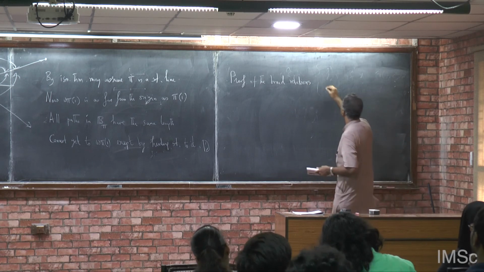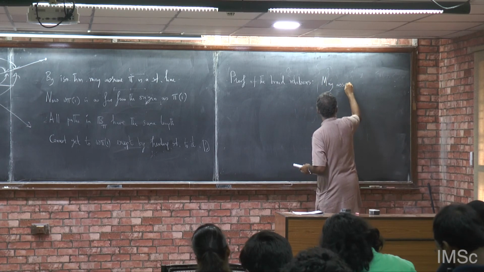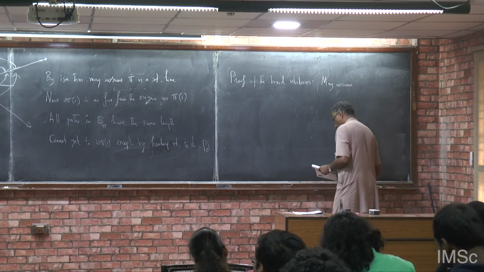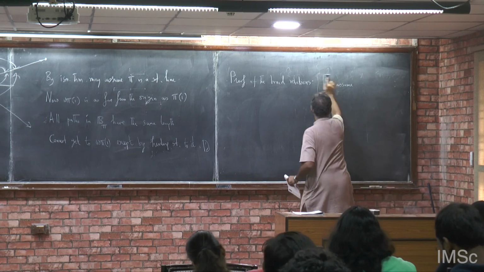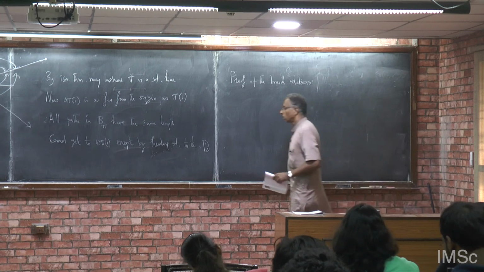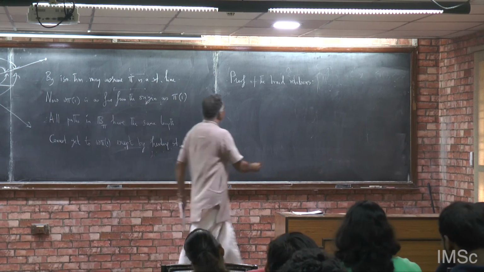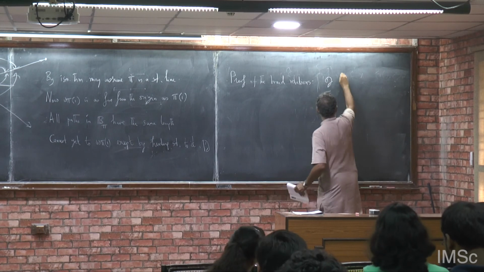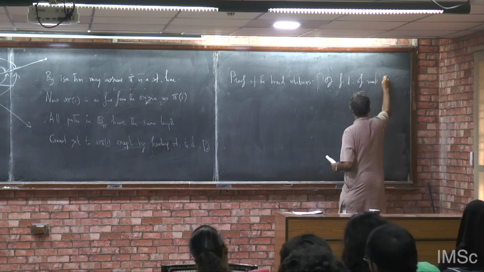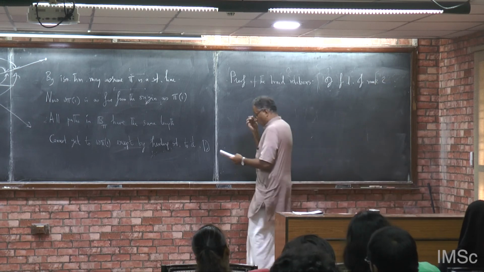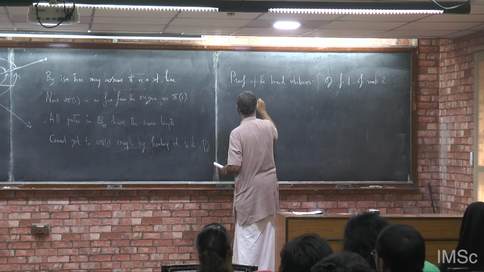Let me write out the Braid relations. So, G is finite dimensional of rank 2. We have to show, let me explicitly write this down.